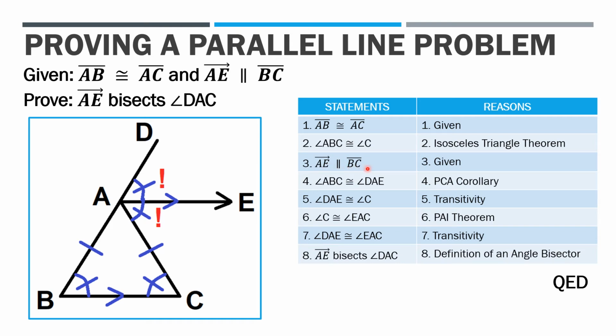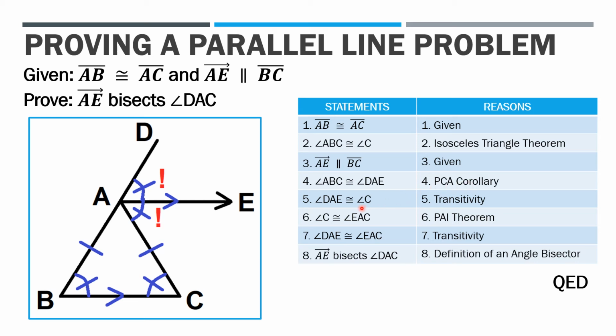Statement 4 is the consequence of statement 3 on corresponding angles, which states that angle ABC is congruent to angle DAE by the reason of the PCA corollary, or parallel corresponding angles corollary.